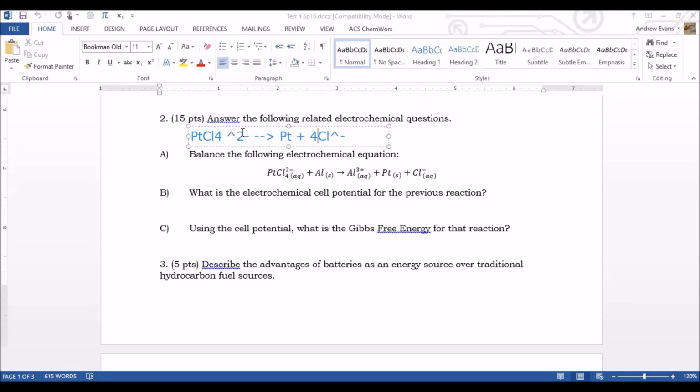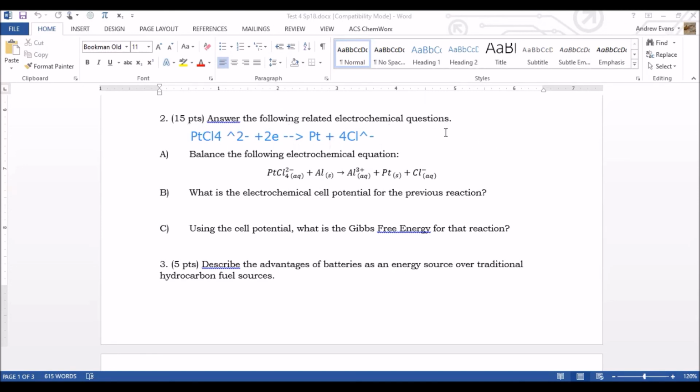Balance electrons. So there's -2 on this side, and there's -4 on this side, because there's 4 chlorines. How do I make -2 equal -4? I add 2 electrons. That's one guy.